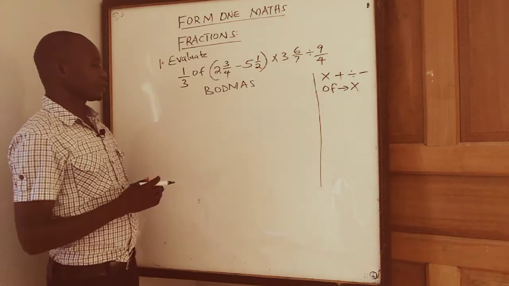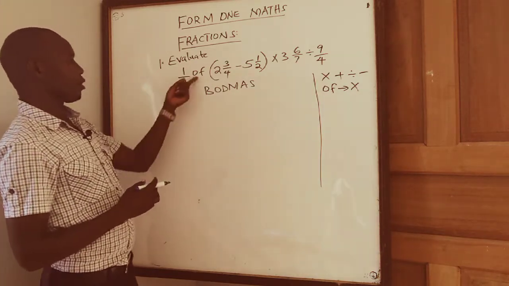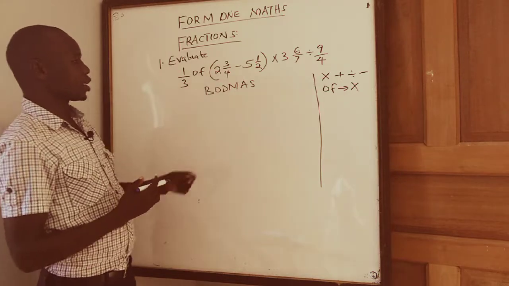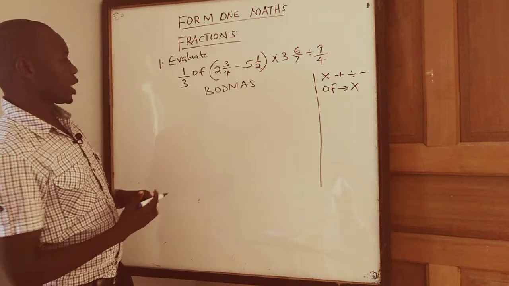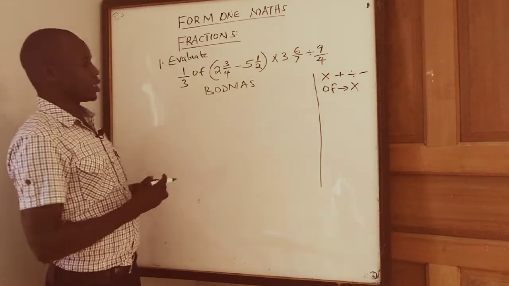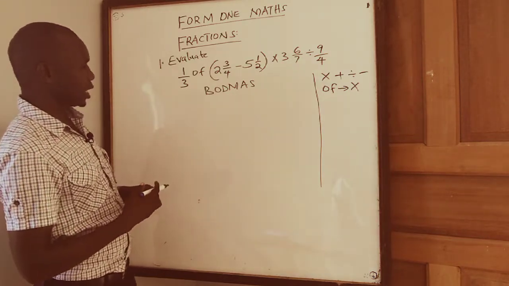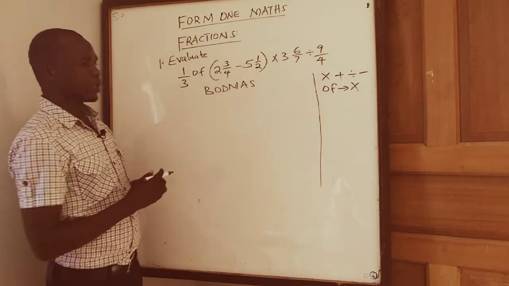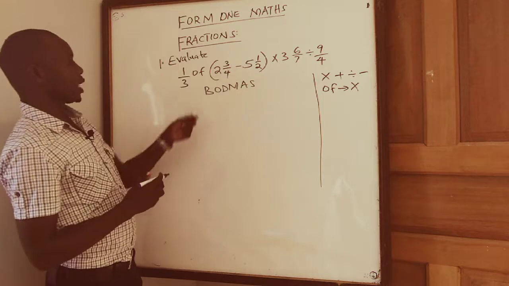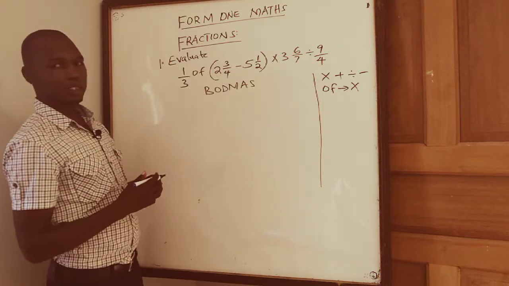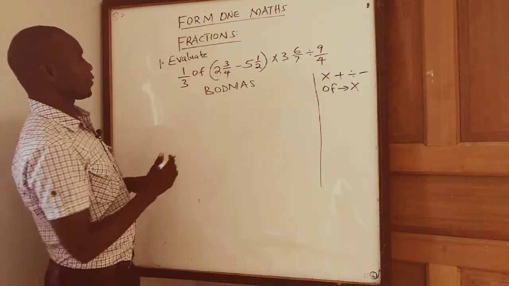Looking at this question, we have OF, brackets, multiplication, and division. But according to the order, we are going to start with the brackets. From the brackets, we convert those mixed fractions into improper fractions.